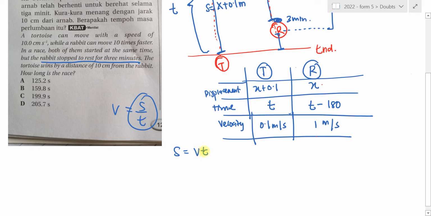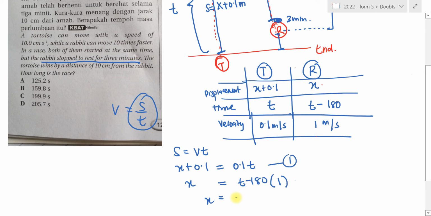So I make s the subject. For the tortoise, the displacement is x plus 0.1 equals the velocity 0.1 multiplied by t. That is equation number 1. For the rabbit, the displacement equals t minus 180 multiplied by 1. So x equals t minus 180 times 1.